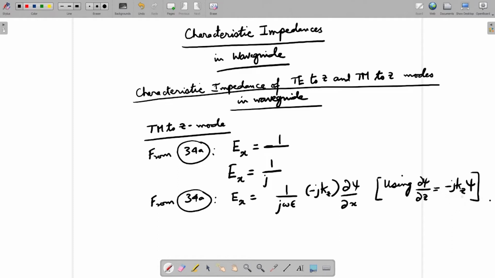So, minus j k z gets pulled out, and then we are left with the psi function for the differentiation of del psi del z.